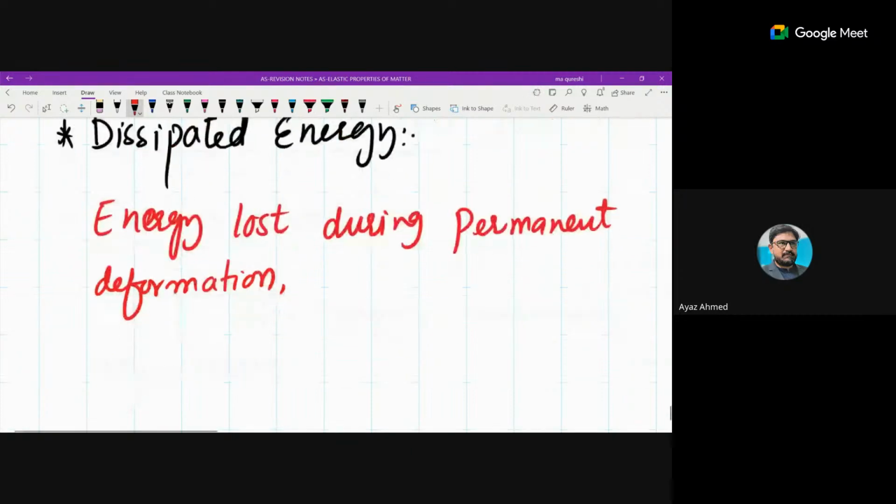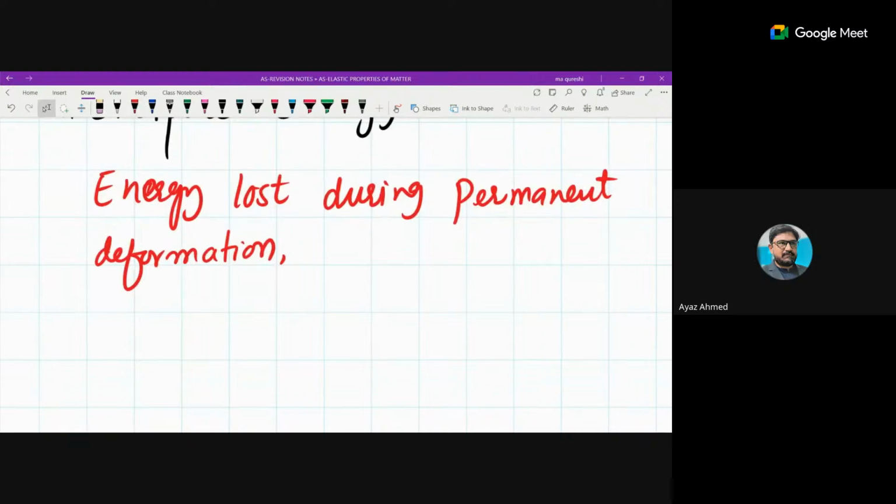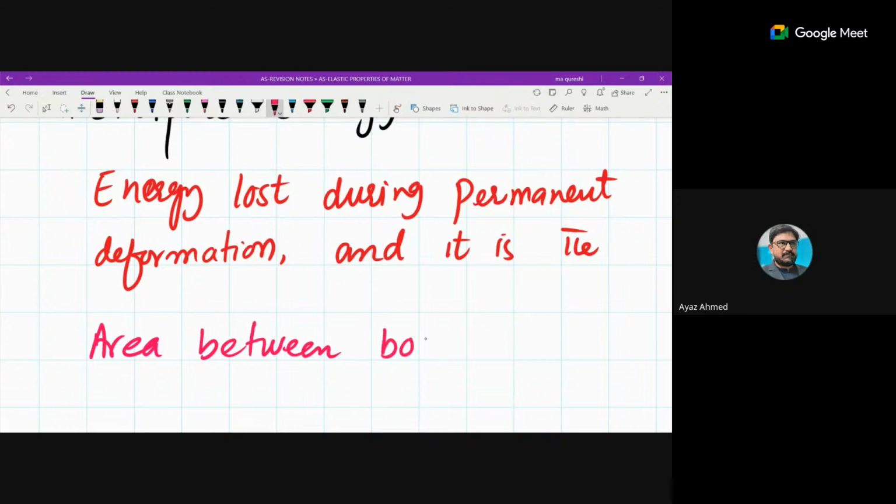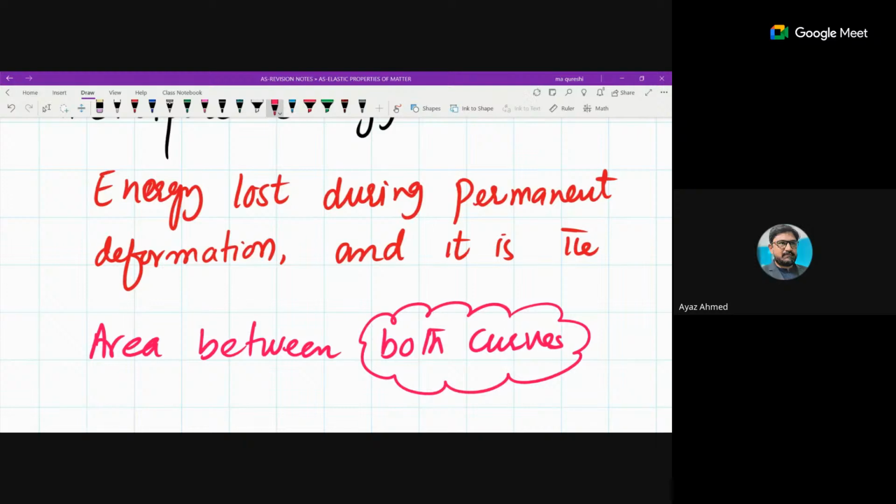Okay, and it is the difference, yani it is the area between both the curves, the loading and unloading curves.